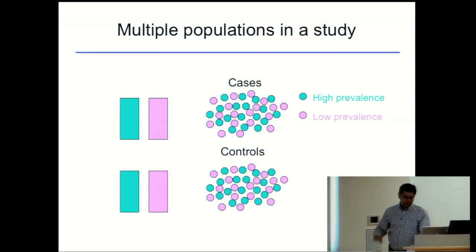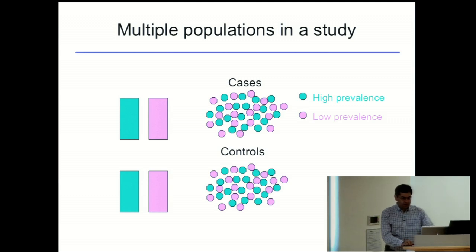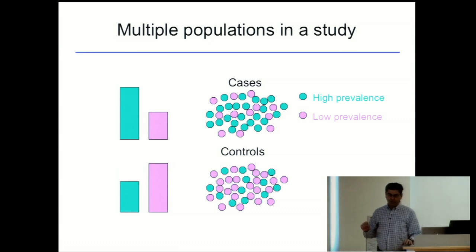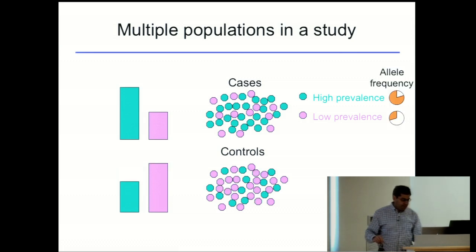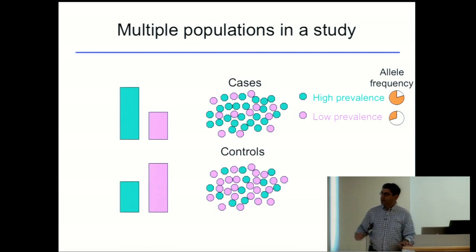So imagine that you have 2 populations, green and magenta, and the green population has a high prevalence of disease. So your cases will be enriched for people with green ancestry, and your controls will be enriched for people with purple ancestry. If you now type a genetic marker that happens to differ in allele frequency across populations, and pretty much for most pairs of populations that are even separated by a tiny bit, like say Northern and Southern Europe, you will be able to find markers that are different in frequency between 2 populations.